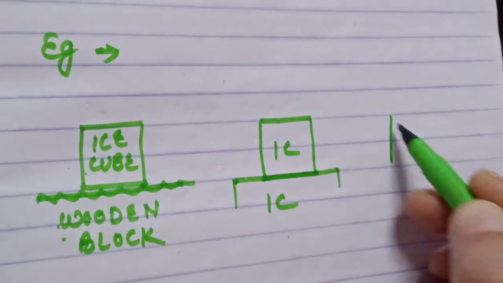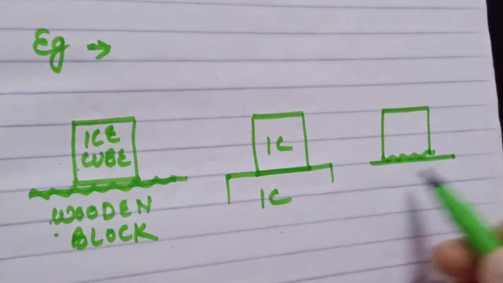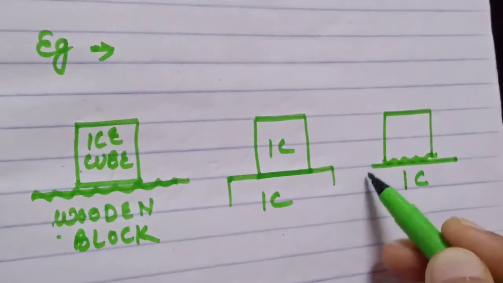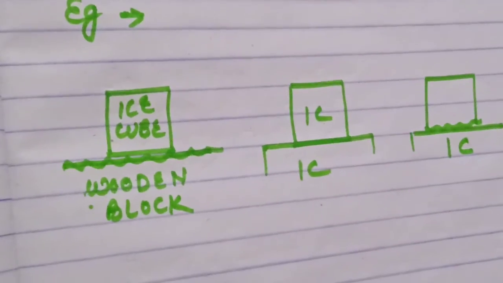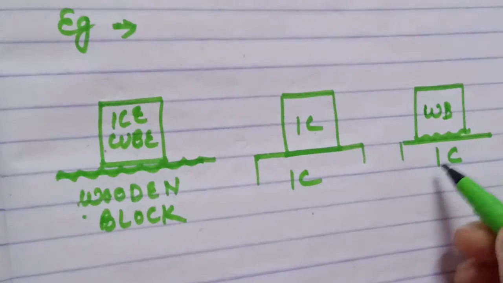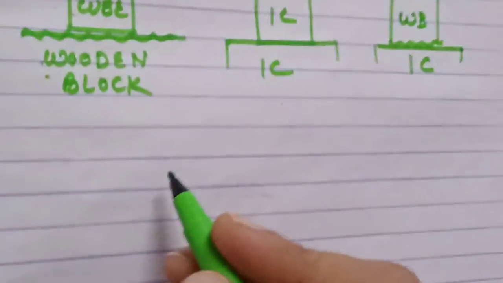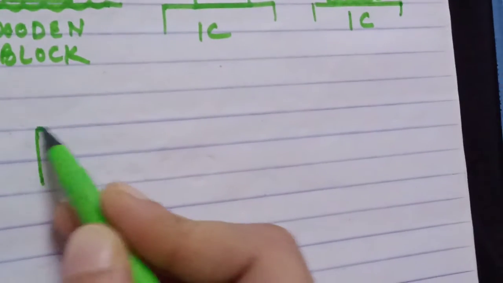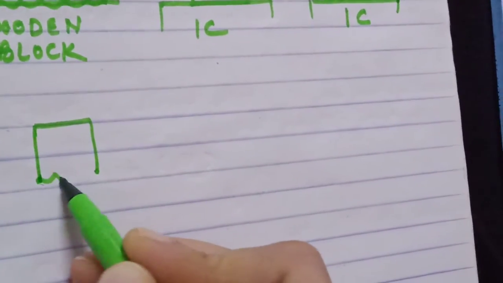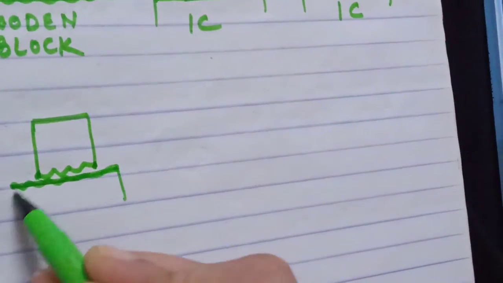Then a wooden block and an ice cube. And the fourth condition is a wooden block and another wooden block.